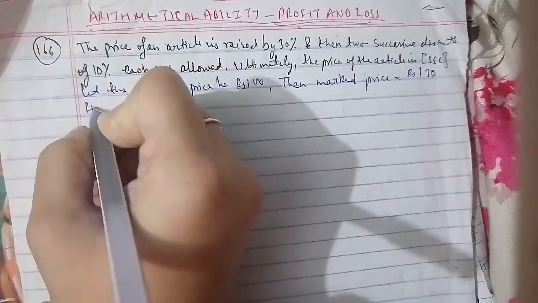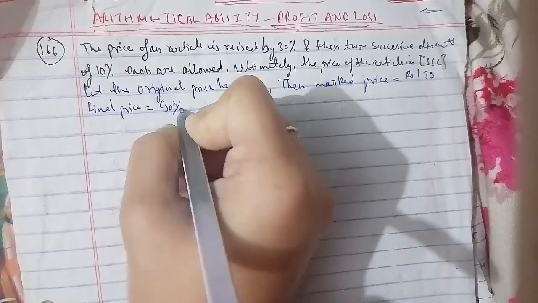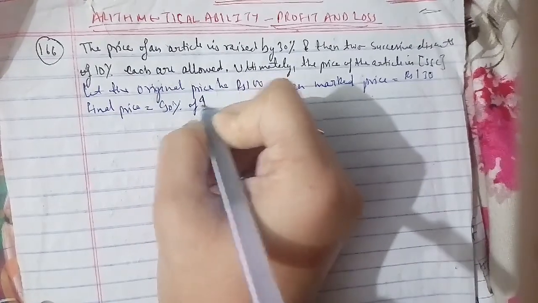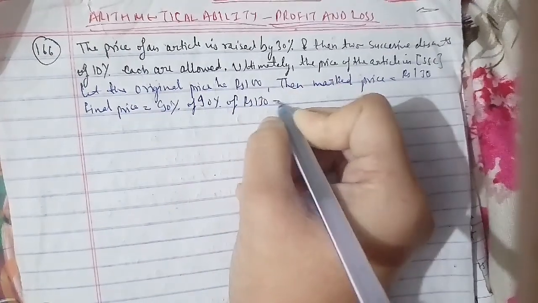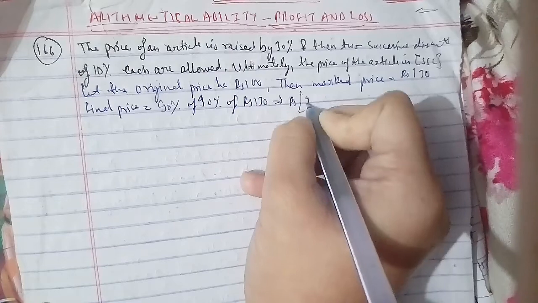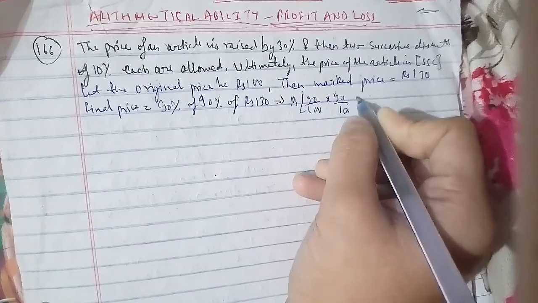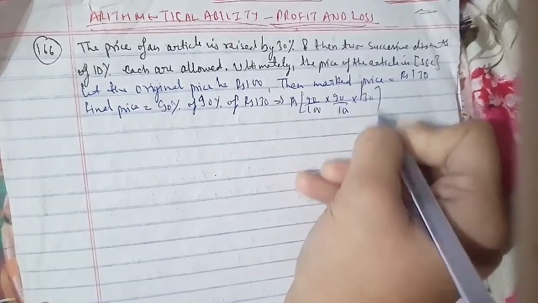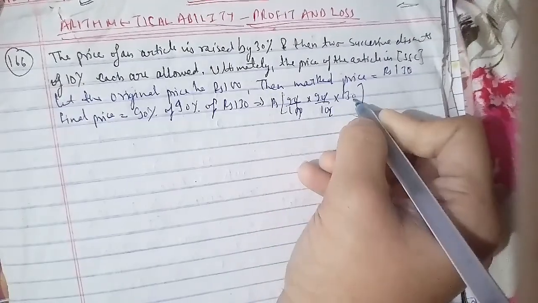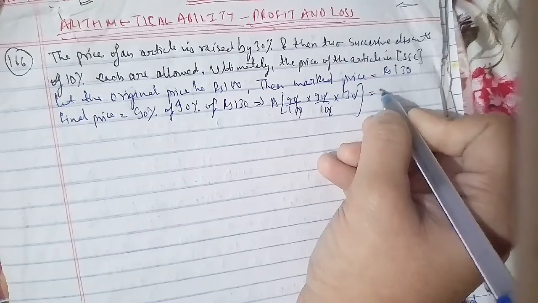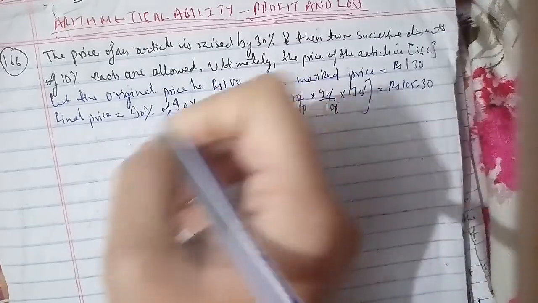So the final price equals 90% of 90% of rupees 130, which equals 90 upon 100 into 90 upon 100 into 130. These two zeros are cancelled by these two zeros, and one 0 is cancelled by this one here. So it will give you rupees 105.30.